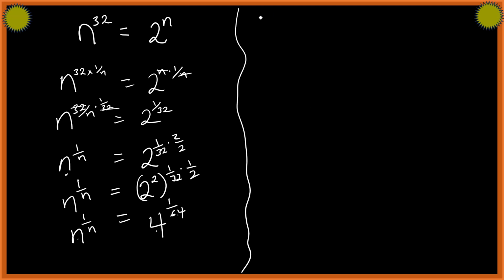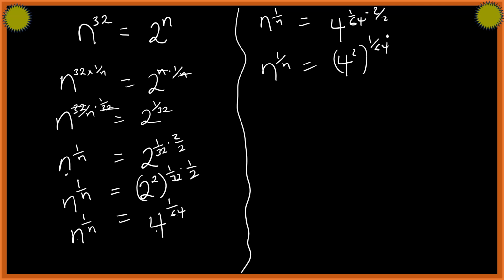So we have 4 to the power 2, then 1 on 64 times 1 on 2. So we have n raised to, 4 squared is 16, and this side will be 1 on 128.